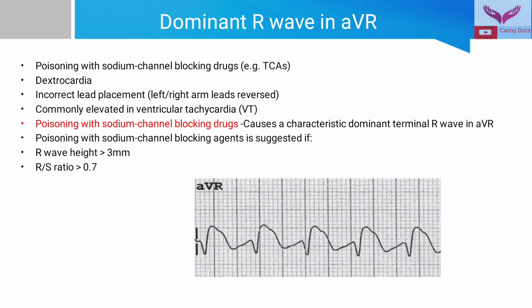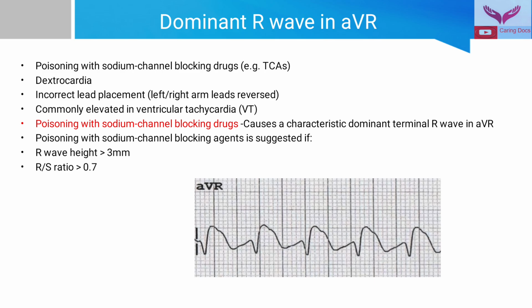The conditions where dominant R wave in AVR is seen are poisoning with sodium channel blockers like TCAs, dextrocardia, incorrect lead placement with left and right arms reversed, and it is commonly elevated in ventricular tachycardia.